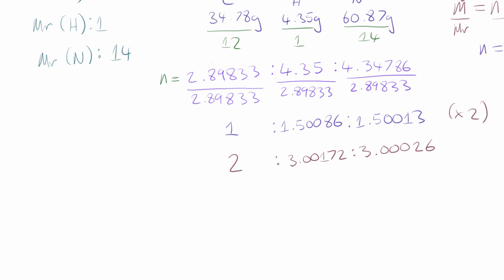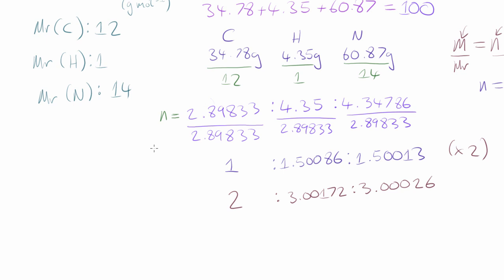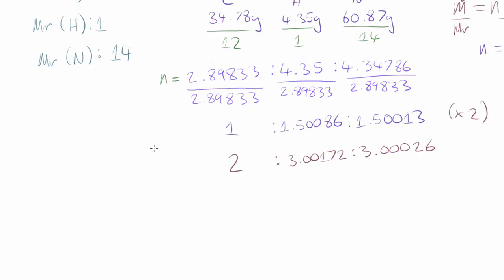And if we look at both of the values that we have, if we round them to 2 decimal places, and we're talking about the relative molar quantity associated with hydrogen and that associated with nitrogen, you can see in both cases, when we round it to 2 decimal places, we effectively have 3. Okay, so we're going to round those. Having rounded them, in both cases we've got 3.